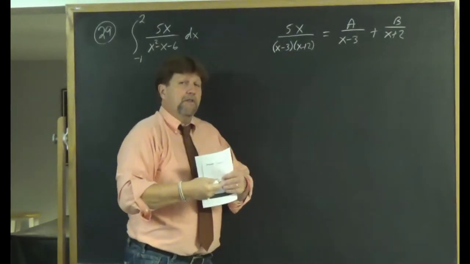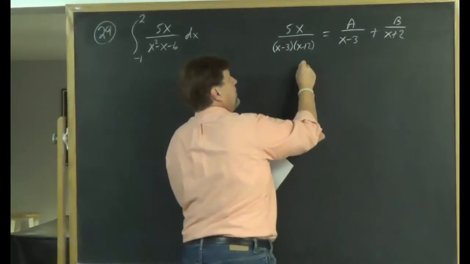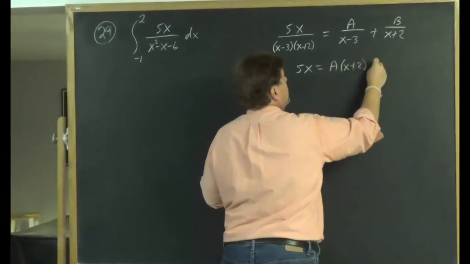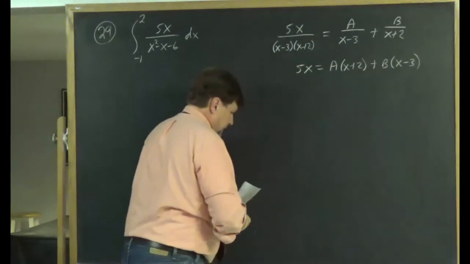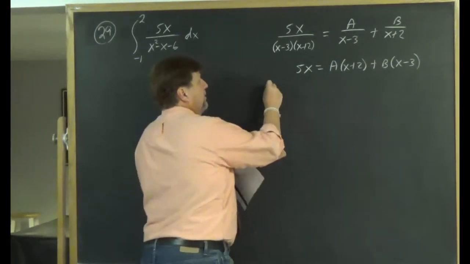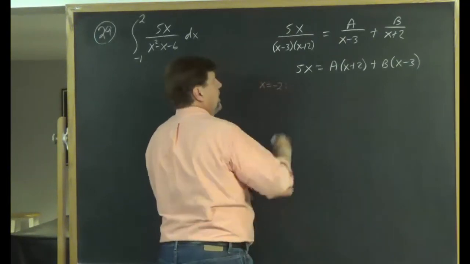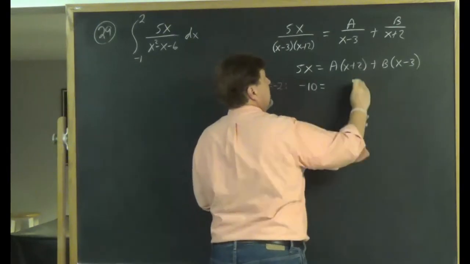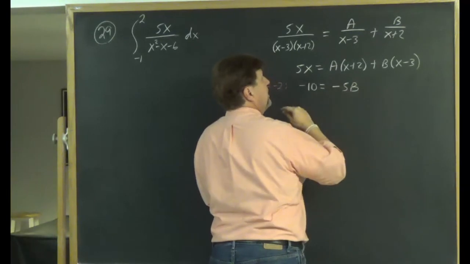Next, you multiply both sides of that equation by the least common denominator. That should have given you 5x equals A times x plus 2 plus B times x minus 3. Pick some convenient values for x. For me, I would pick x is -2, and that would give me -10 equals 0 minus 5b.